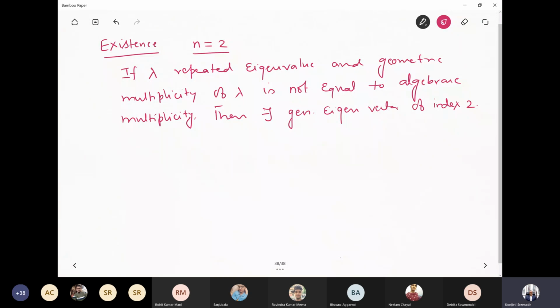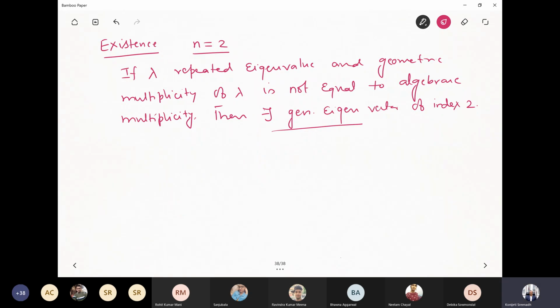See here, there is no second linearly independent eigenvector in this case. That gap is filled by the generalized eigenvector, and we already proved that this generalized eigenvector is going to be linearly independent from the eigenvector.